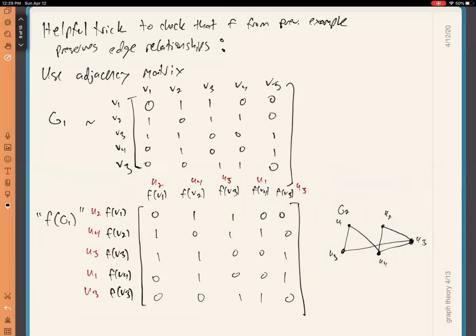There's no edge between U2 and itself. There's an edge between U2 and U4. There's an edge between U2 and U5, and so on. And if you do this and you get the same matrix, comparing these two, that means that all the edge relationships are the same, and therefore this function has to preserve the edge relationships, so it has to be an isomorphism.